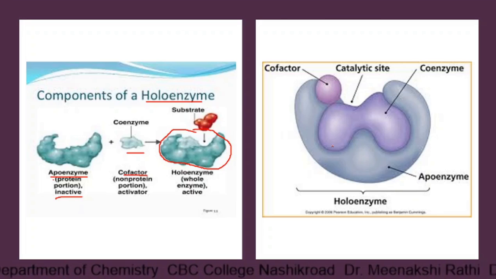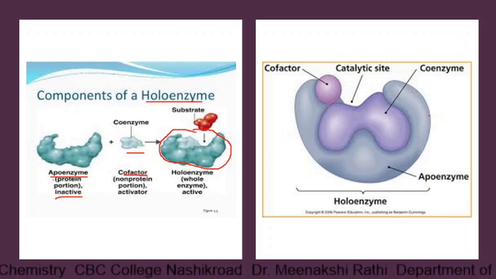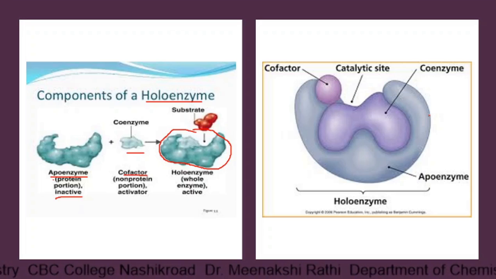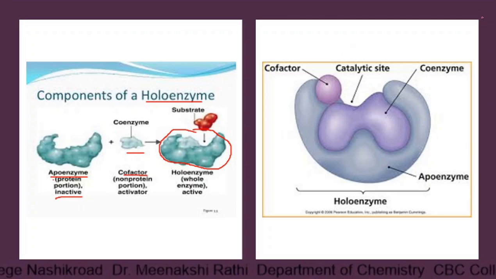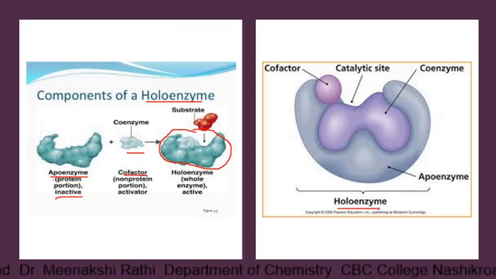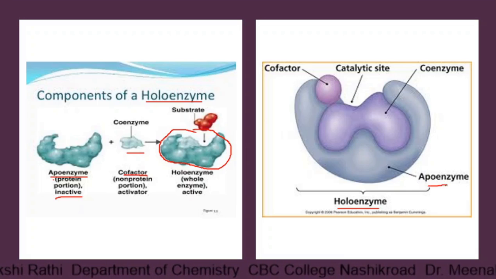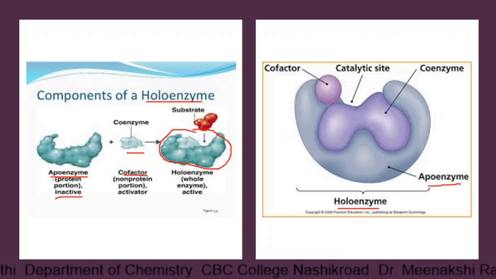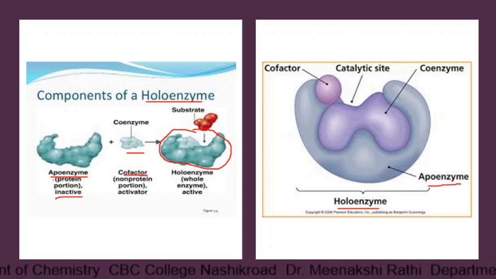In this diagram also, you can very well understand what we mean by apoenzyme and coenzyme. Now see, this complete enzyme is called holoenzyme. Holoenzyme is made up of apoenzyme, which is a protein part, but alone it is inactive.